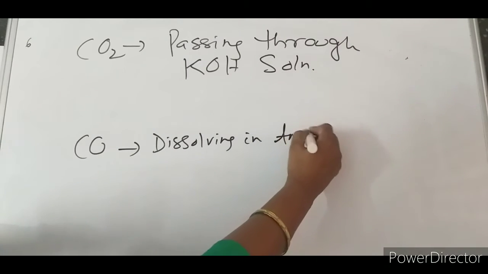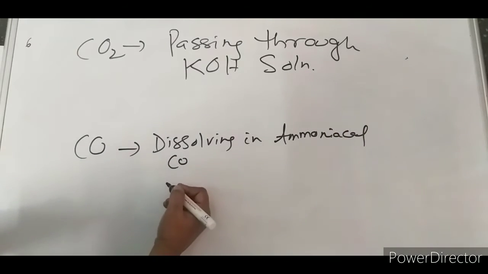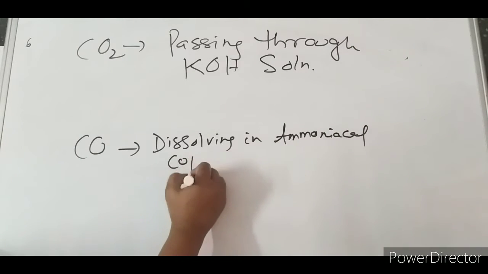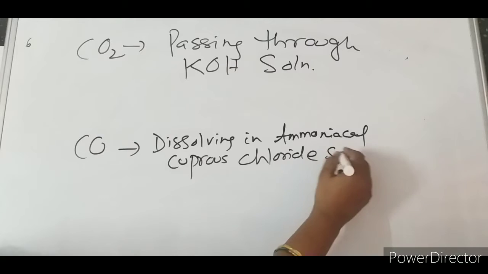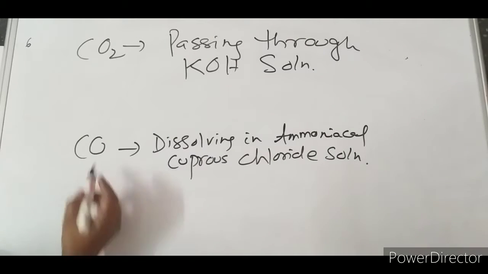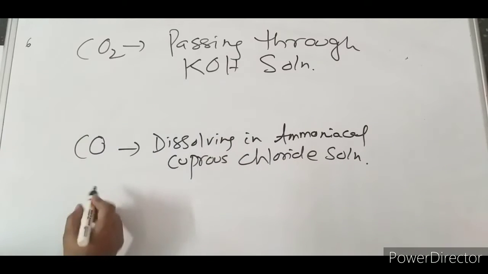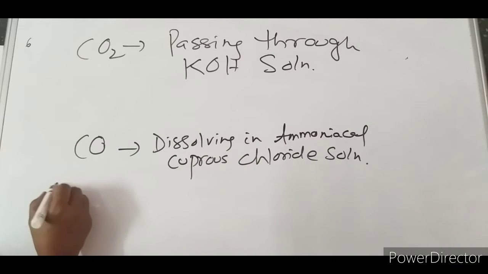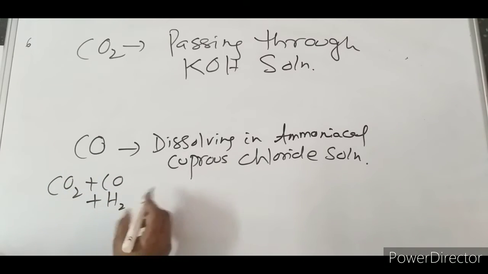When it is dissolved in the ammoniacal cuprous chloride solution, the carbon monoxide gets dissolved and only hydrogen remains. Here we take carbon dioxide, carbon monoxide along with hydrogen.